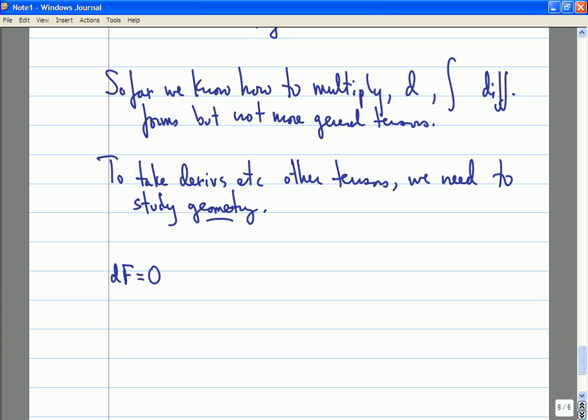So, for example, you'll do this in a later exercise in this course. If A is the electromagnetic potential, that is regarded as a one form, and F is the electromagnetic field strength, which is a two form, which is dA, then the gauge transformations are A goes to A plus d lambda, where lambda is a zero form. The fact that d squared is equal to 0 is why these gauge transformations leave the electromagnetic fields unchanged.